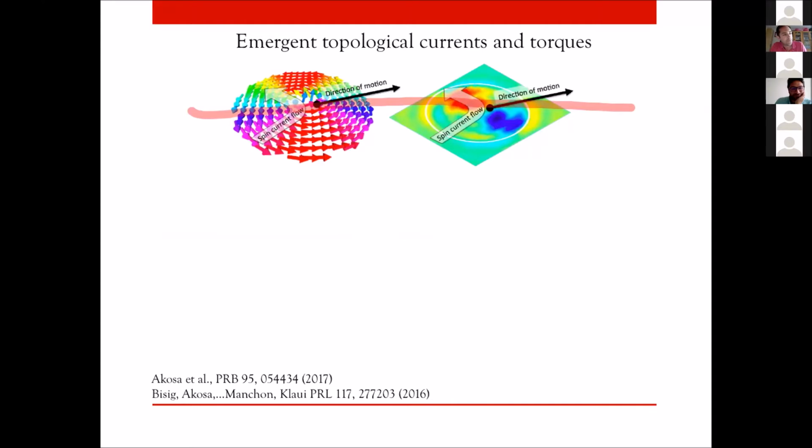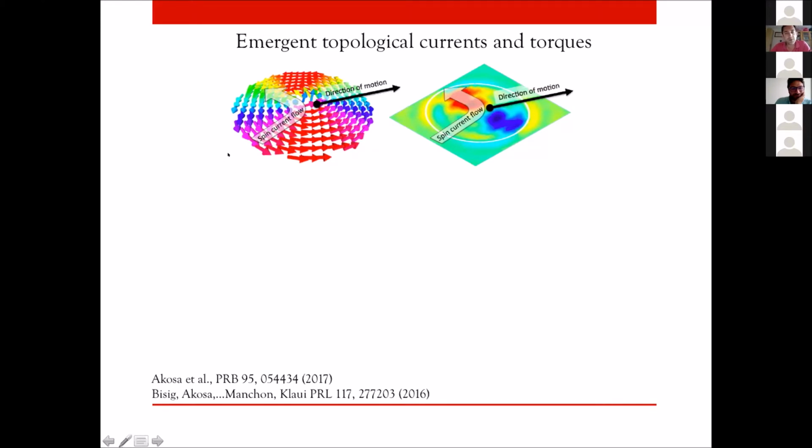And what we realized is that this enhanced non-adiabaticity is related to the topological currents that flow in non-trivial topological objects. Here I'm just taking the case of a vortex, but it works the same with skyrmions.